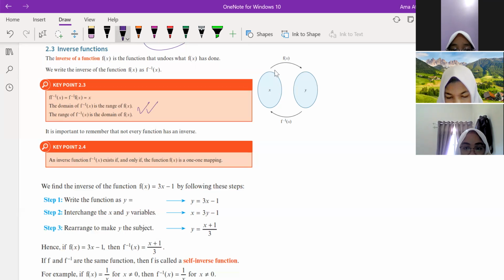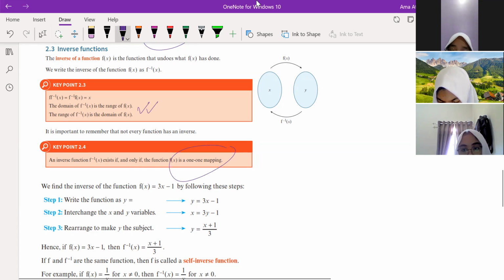And the second concept that you need to remember is that only one-to-one mappings have inverse functions. Inverse functions exist if and only if the function f(x) is a one-to-one mapping.